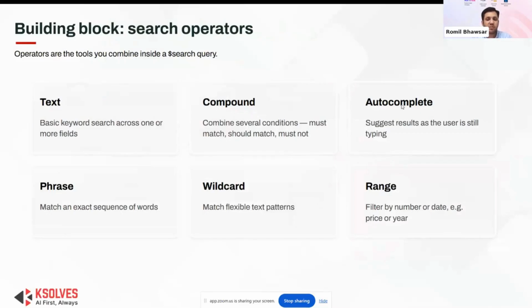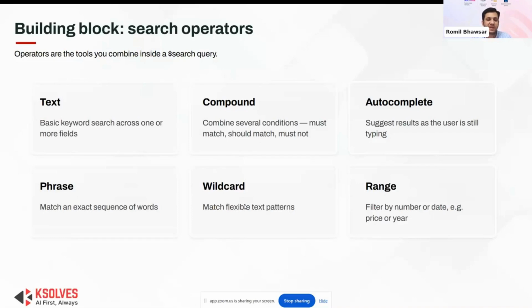The third one is autocomplete. If we want to get suggestions while we are typing text inside the search bar, we can use the autocomplete operator. The fourth one is phrase. If we want to search by a sequence of words, we need to use the phrase operator.